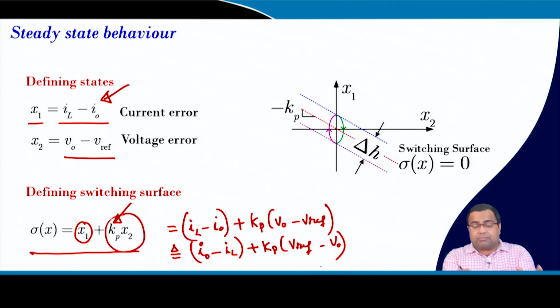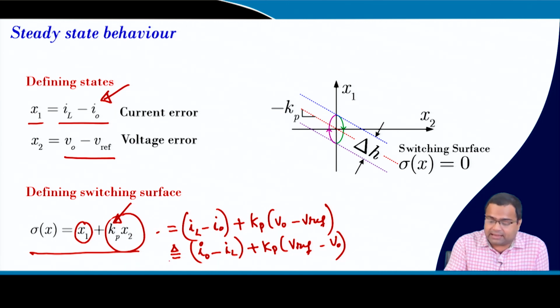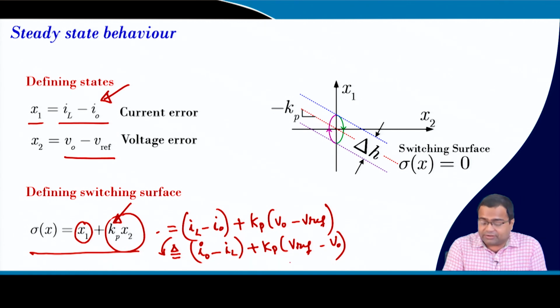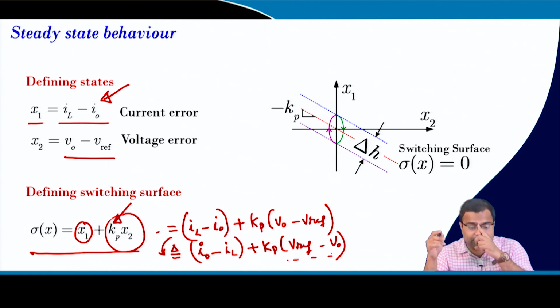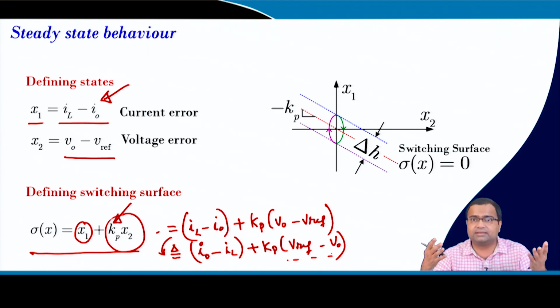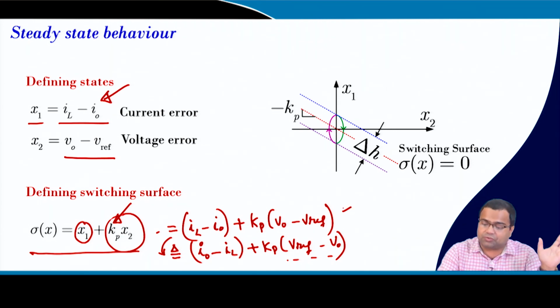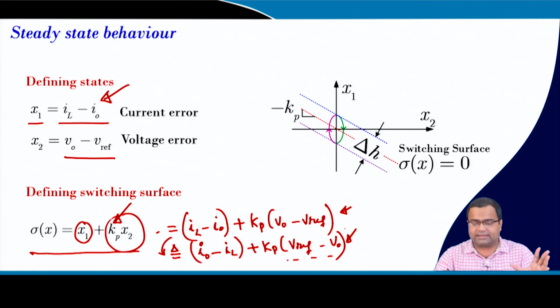So, if you multiply with a minus sign here, so that it looks like the actual error voltage, then our switching control has to be accordingly modified. Otherwise, as I said, it will go into the rejective region and the trajectory will move away. So, these two control logics should be just the opposite. You can use any of them, but accordingly you have to choose the switching control logic.